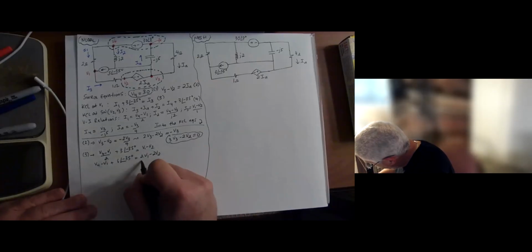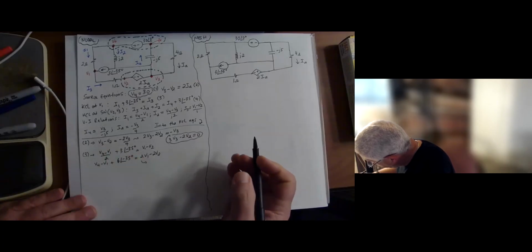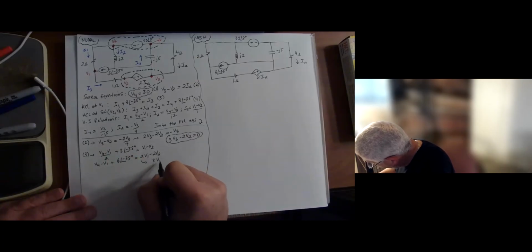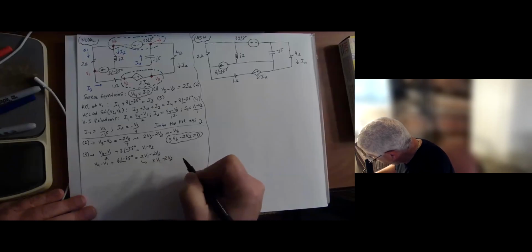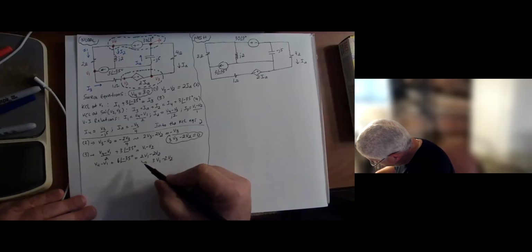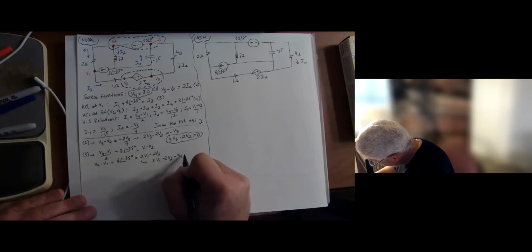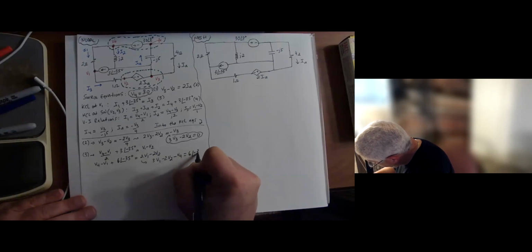So what do we have here when we collect terms? We leave the 6 at an angle minus 35 on one side, and send everything else to the other side. We get 3V1 minus 2V2 minus V4 equals 6 at an angle minus 35.